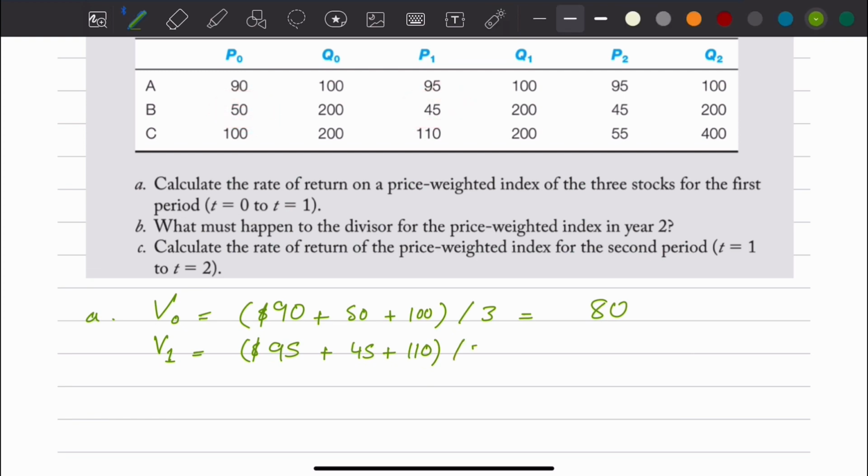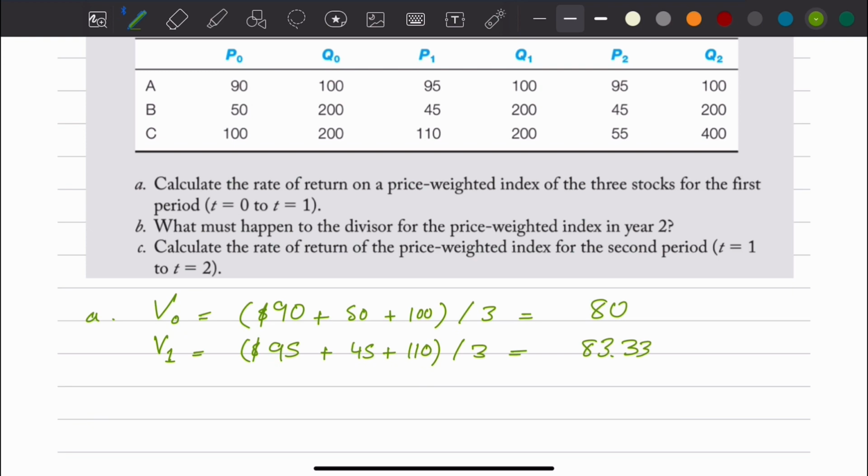Okay, so let's see how that affects the total value of the index. Using a calculator, 95 plus 45 plus 110, that's 250 divided by 3, and that will give us 83.33.